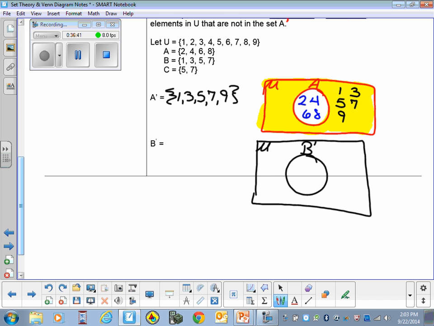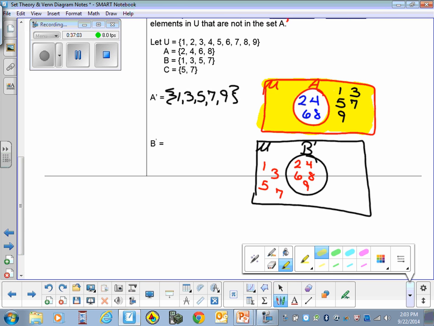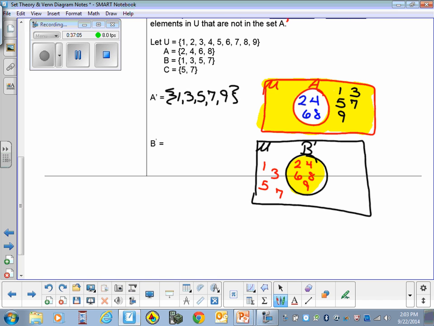That means I want all the elements of B out in the universe and all the elements that are not part of B in my complement of B. So 1, 3, 5, 7 are part of the universe, but 2, 4, 6, 8, and 9, all of which are part of the complement of B, to be inside here. Different ways of drawing it, and what you do really should depend on what you need.